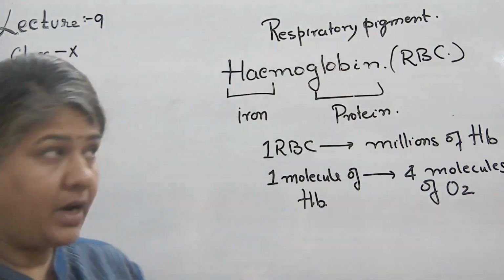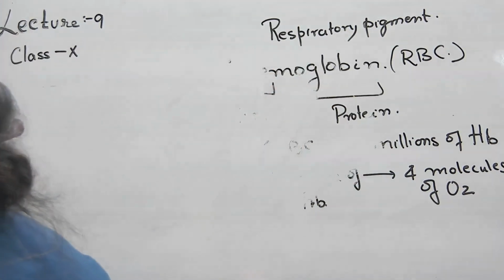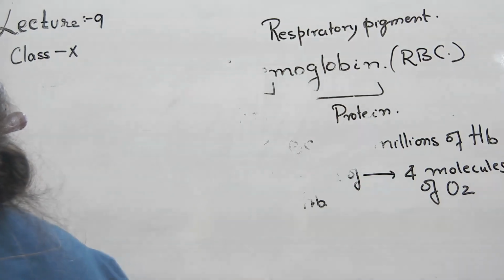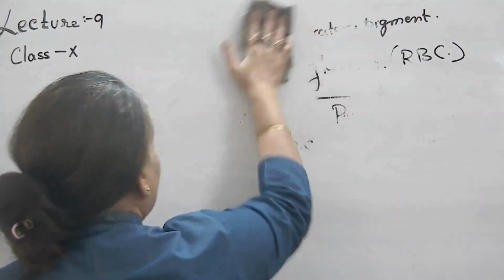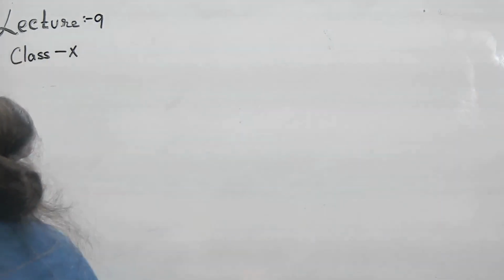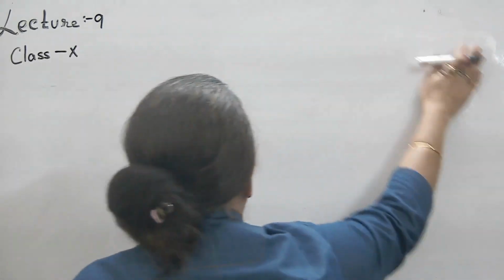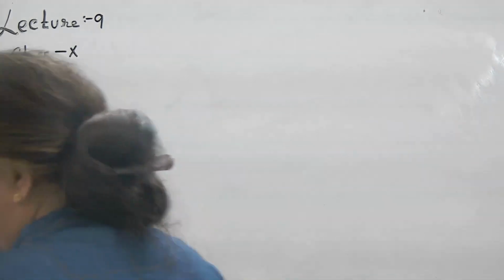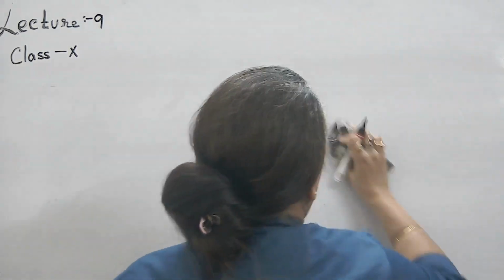So you may write down the answer. See, when the body of an animal is large, the diffusion process is not sufficient. Diffusion pressure alone is not sufficient.